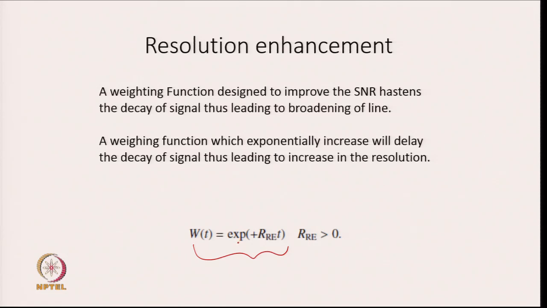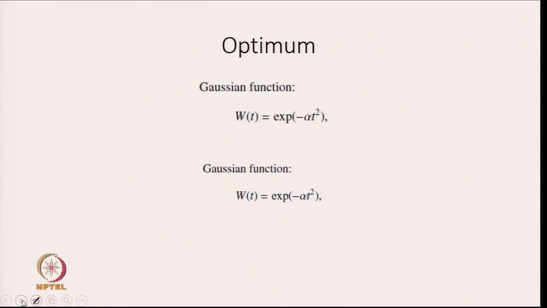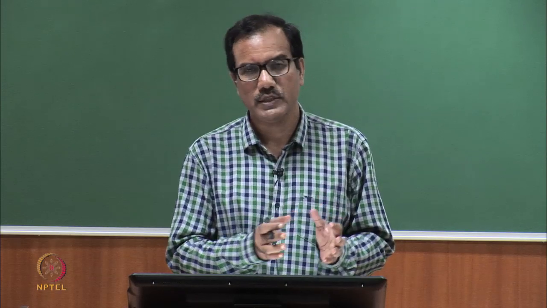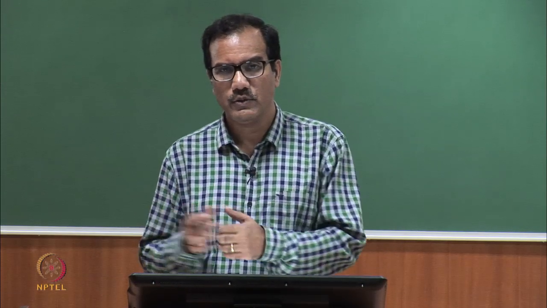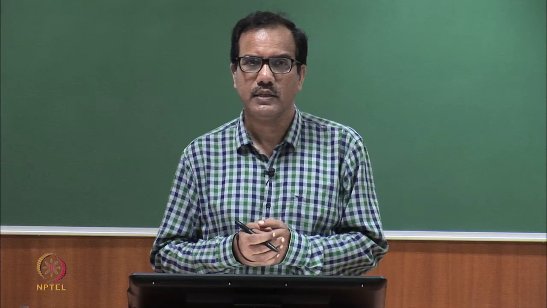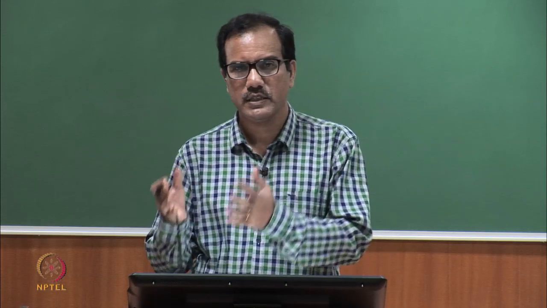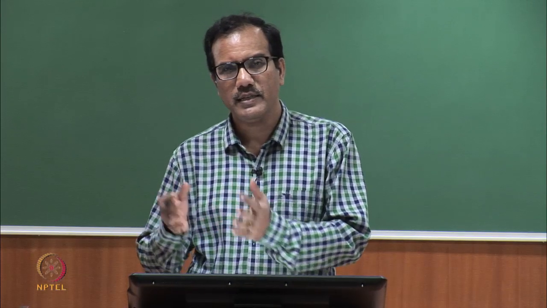Now you can see this is an exponentially increasing weighing function. So, the weighing function is equal to exponential plus RRE into T, where RE is greater than 0. So, now we looked at how to increase the signal to noise ratio and how to increase the resolution, but if you apply a window function which increases SNR, it leads to a decrease in resolution.